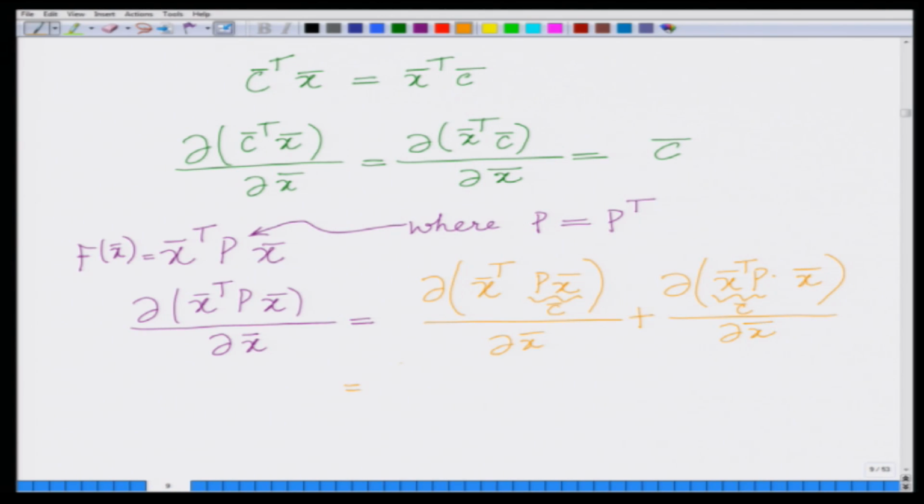which is equal to basically derivative of x bar transpose P x bar with respect to x bar is basically, as we have seen, derivative of x bar transpose c bar with respect to x bar is c bar, which is P x bar, plus derivative of c bar transpose x bar with respect to x bar is c bar. So, this is x bar transpose P whole transpose, which is basically P x bar plus P transpose x bar, and since we have P equals P transpose, this is twice P x bar.